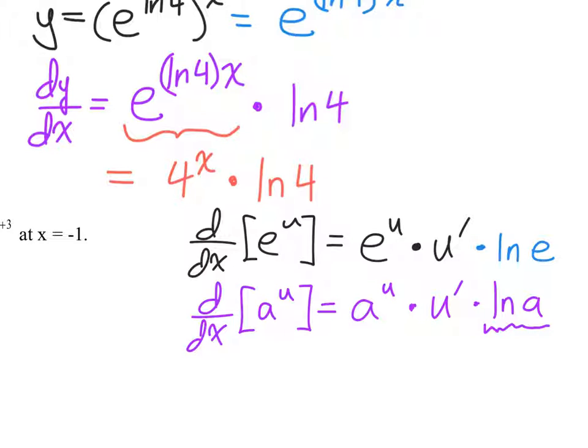Basically it's got to be something other than e or 1. Your base of the exponential can't be equal to 1, because 1 to any power is 1, and it's not an exponential function. But those are the only conditions that would require you to have something other than what we have here in purple.